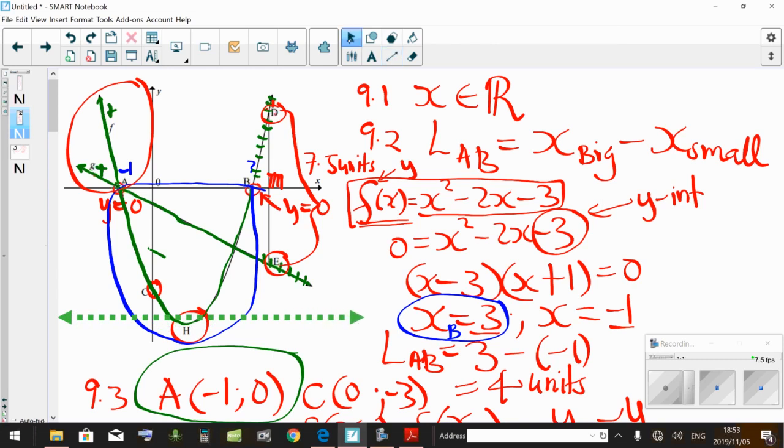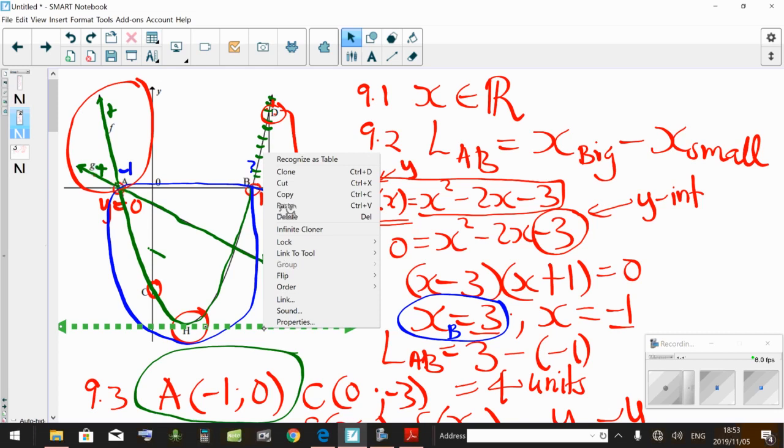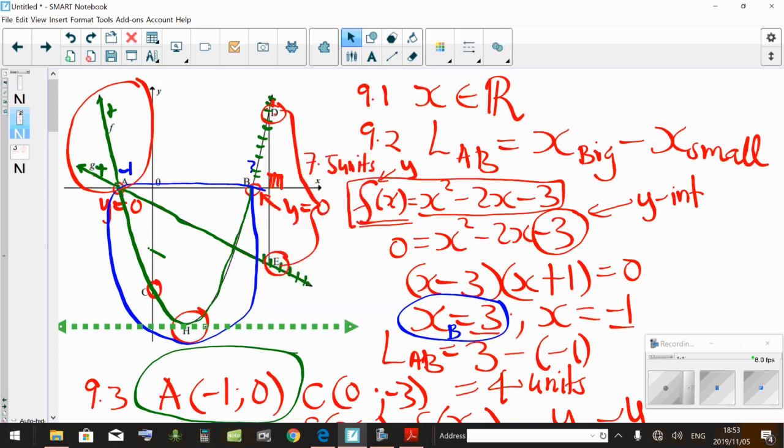Just hold on a second. Yes, here. You see, at that point, the line y is equal to k is touching our parabola. So there is a point of intersection. And if I go higher, see, now I'm having 2 points of intersection.